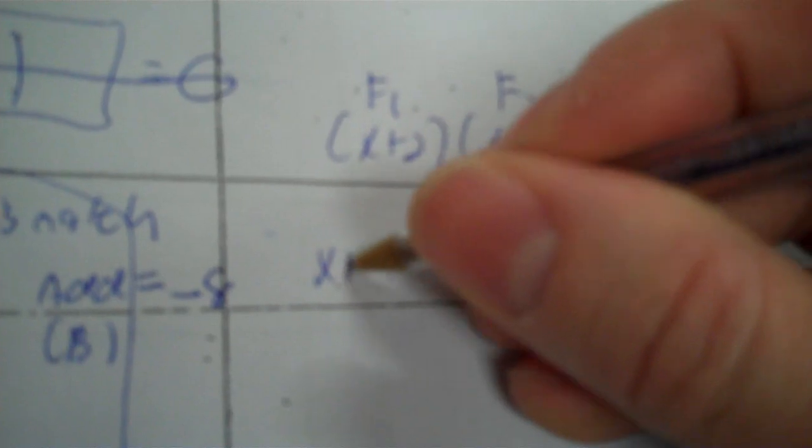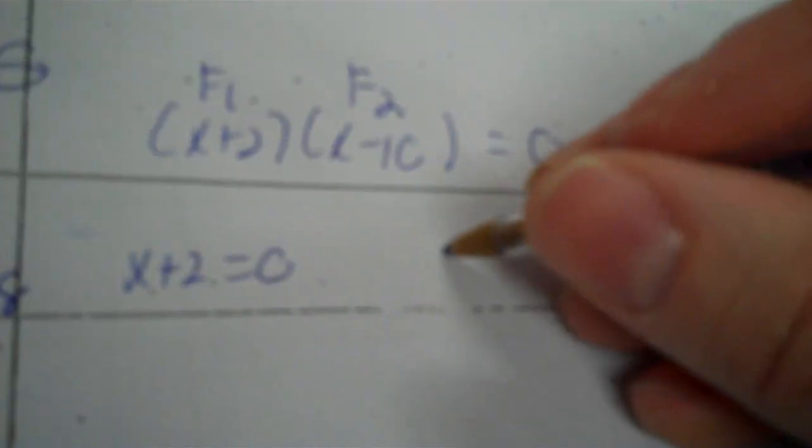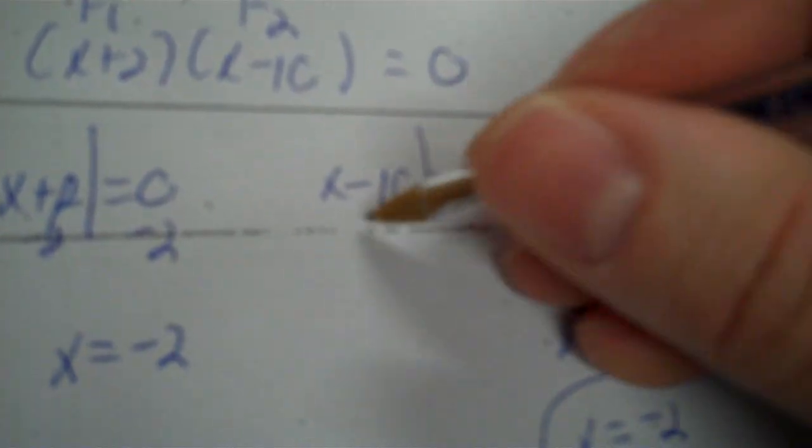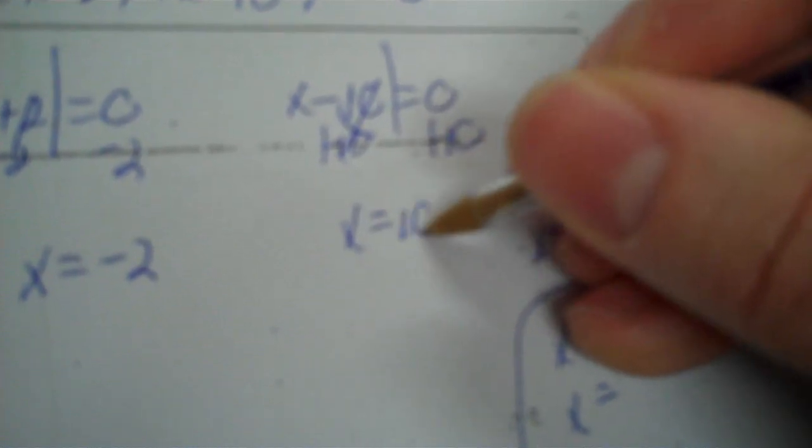So F1, F2. x plus 2 could equal 0, or x minus 10 could equal 0. So we subtract 2, that's going to be negative 2. We add 10, x equals 10.